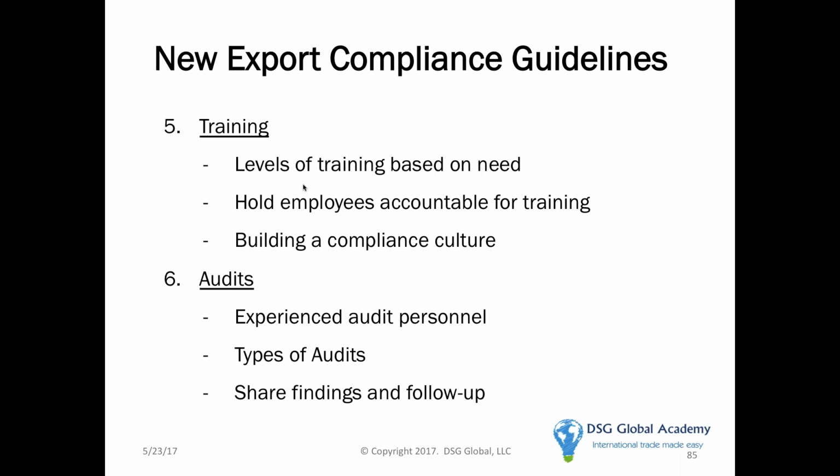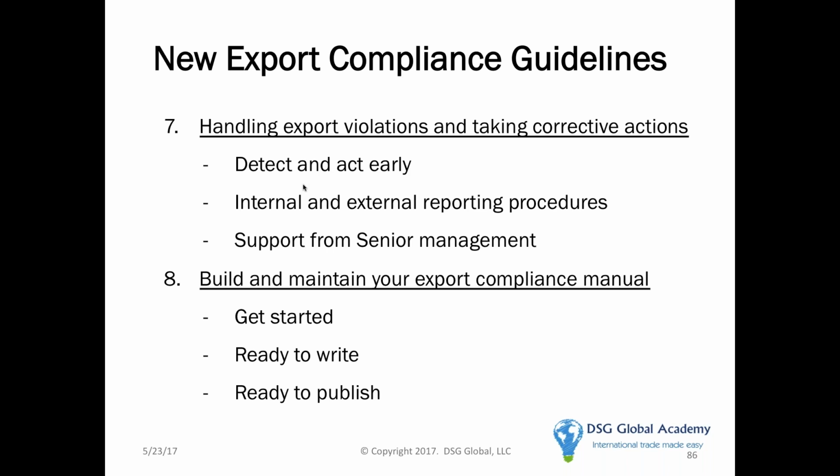Number five, they want you to have a training element in your export compliance program. And number six, do regular audits with experienced personnel. Number seven is obviously, as I mentioned before, if you see violations, take corrective action.